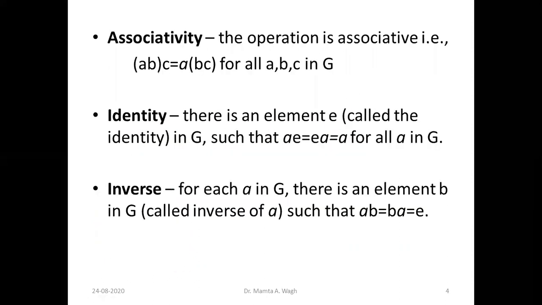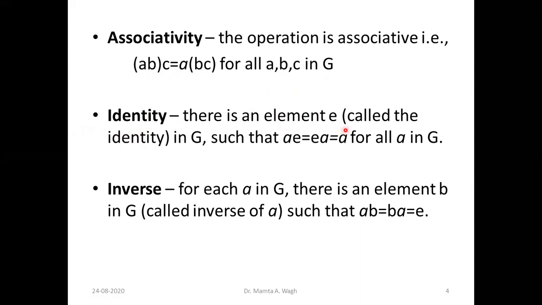Now let us see the properties. What is associativity? The operation is associative if (AB)C is the same as A(BC) for all A, B, C in G. If this holds for all A, B, C in G, then we say that the operation is associative. Next is identity, the existence of an identity element.